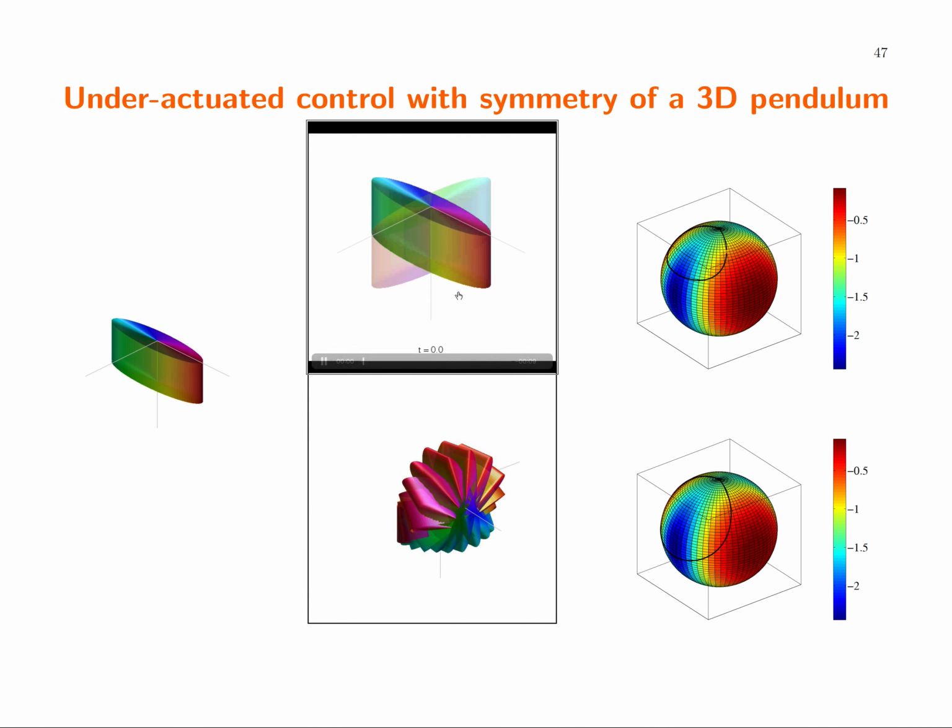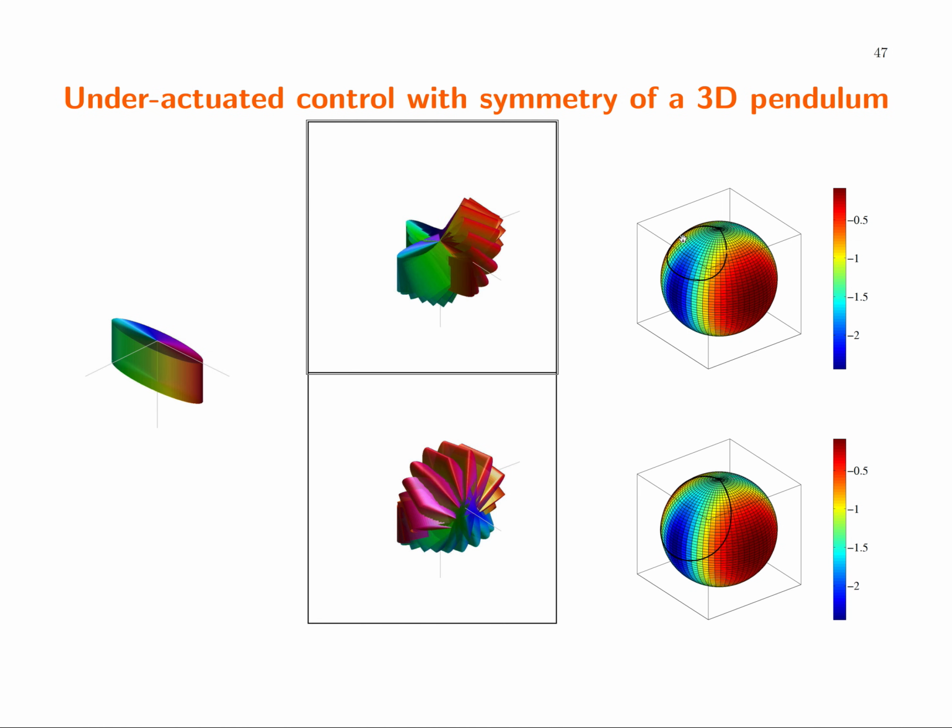So it turns out that this is related to what is called reduction theory, and in particular there's some notion of curvature. If you're trying to do this kind of under-actuated control as efficiently as possible, then what you want to do with your control loop is to encompass a region of high curvature. And so this is an example where the point you start off with is a region of low curvature, and the region of high curvature is far away.